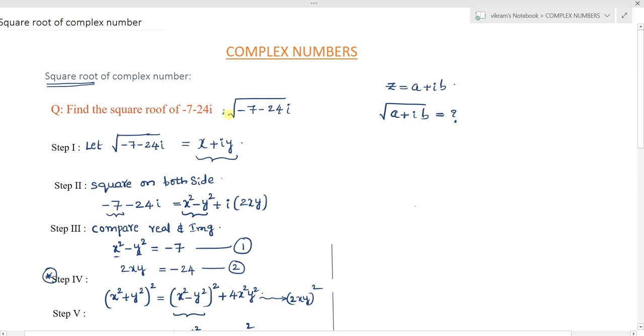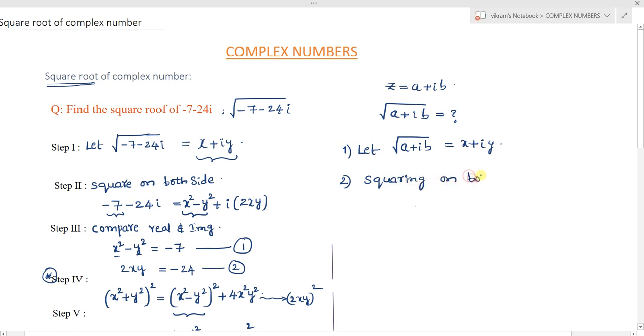Now we'll discuss step by step what we discussed on the left side. What is the first step we need to consider? Let the given complex number, the square root of a plus ib, be x plus iota times y. The second step: square on both sides.